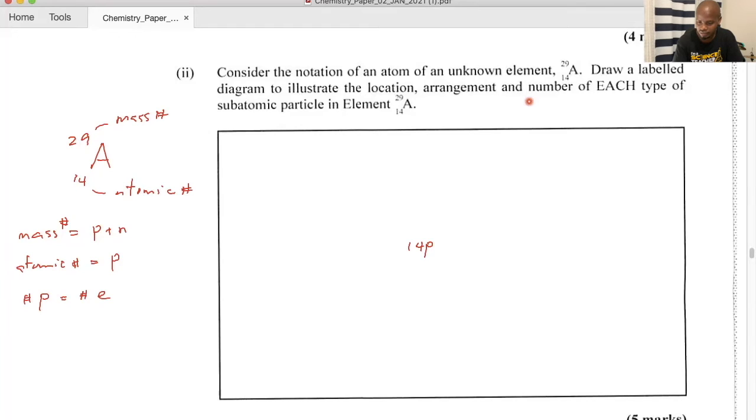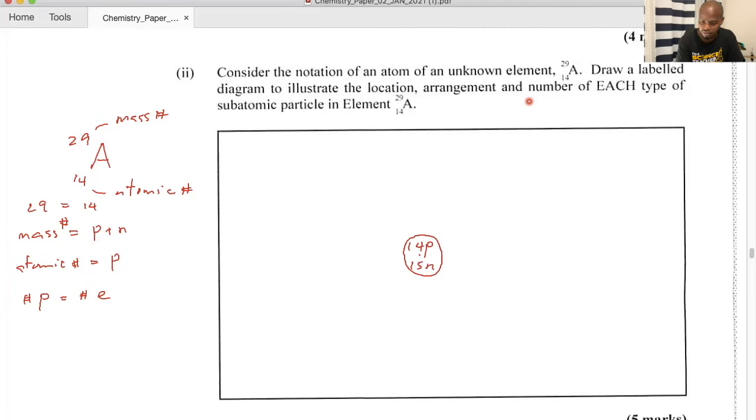We'll also have, let's see, if the mass number is 29, and the proton number is 14, then of course the number of neutrons would be 29 minus 14, which would give us 15. And now you'll see some books putting a dot in the middle right there to say the nucleus. It's okay if we put a little circle around this to say that this is our nucleus.